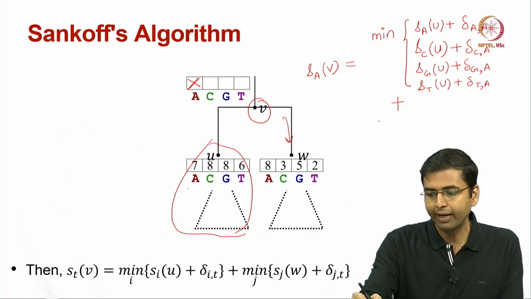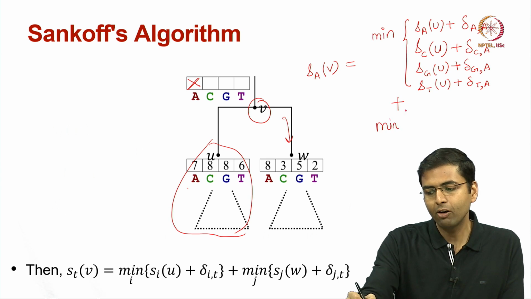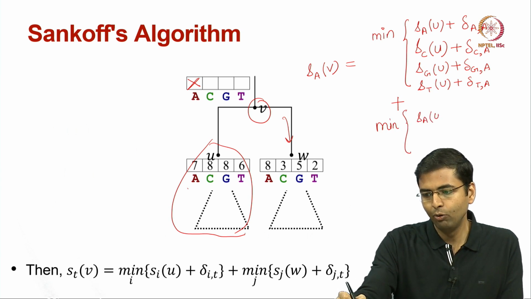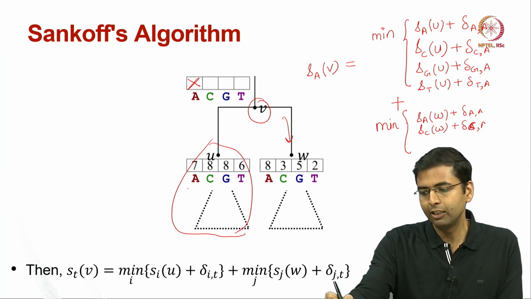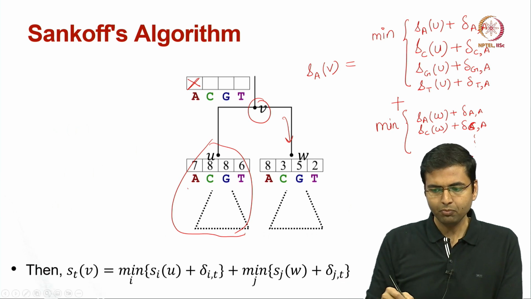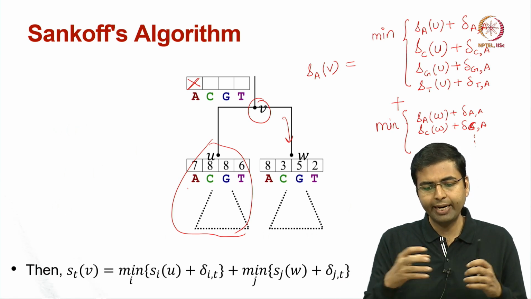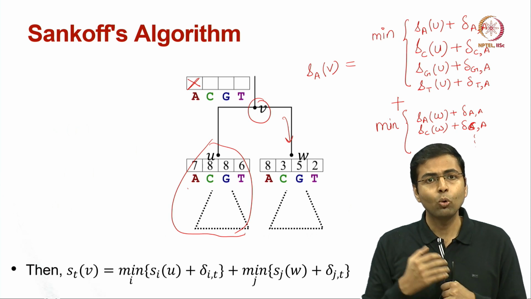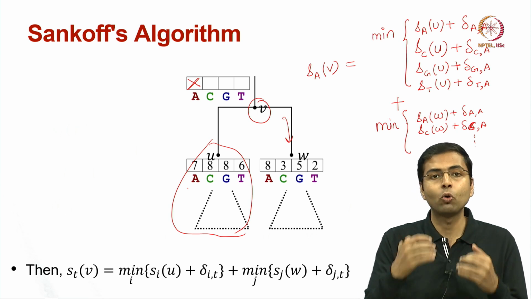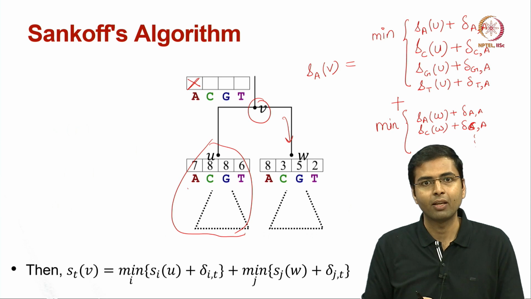So, that would be again the minimum over all possible S_A(w) plus delta AA, S_C(w) plus delta CA, and so on. So, basically we are enumerating over all states at child vertices u and w, and through that we can calculate the corresponding optimal score at vertex V as well.